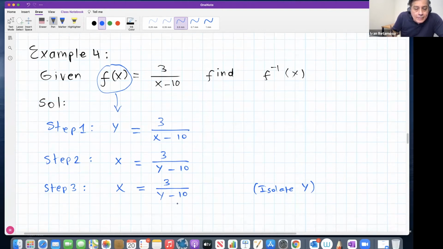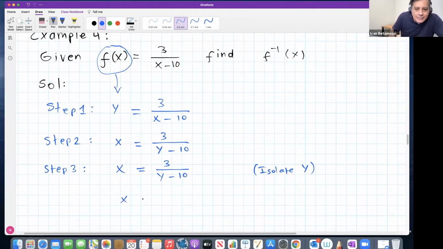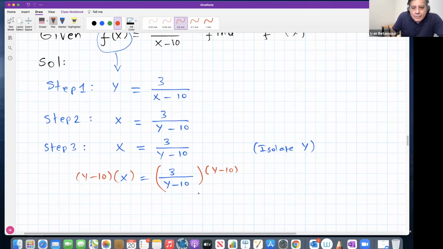Well, this time the denominator is an expression containing a variable, right? But this shouldn't prevent me from multiplying both sides precisely by this denominator, y minus 10. I'm gonna multiply the right side by y minus 10, and also the left side by y minus 10. You gotta do it on both sides so you keep the equation balanced, right?